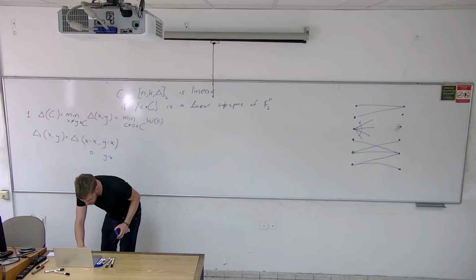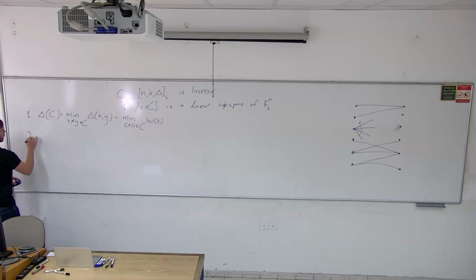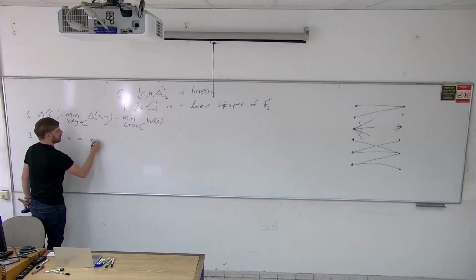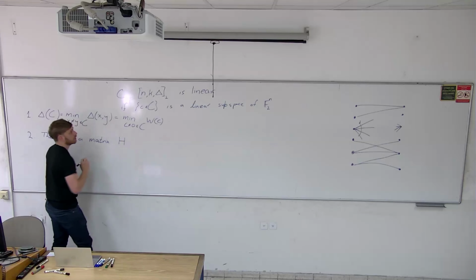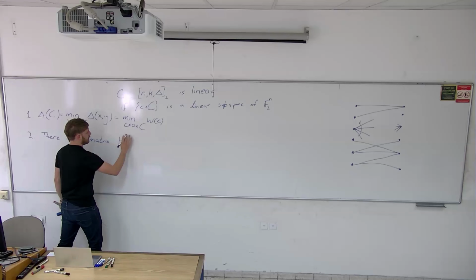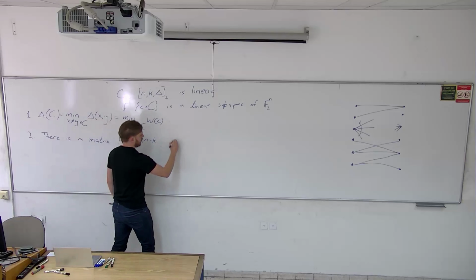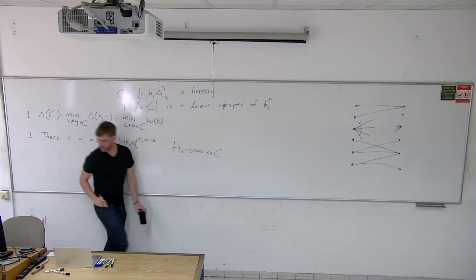The second fact is that every linear code has a parity check matrix H, such that Hx equals 0 if and only if x is a code word.